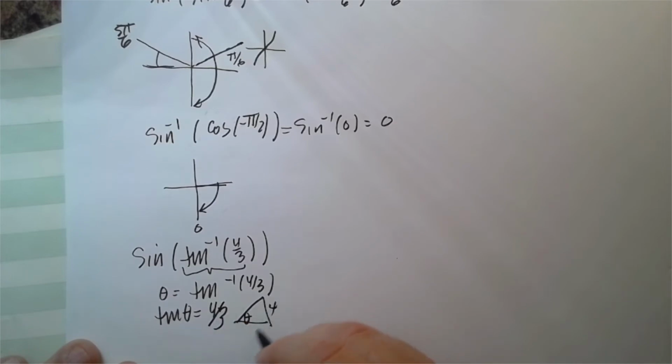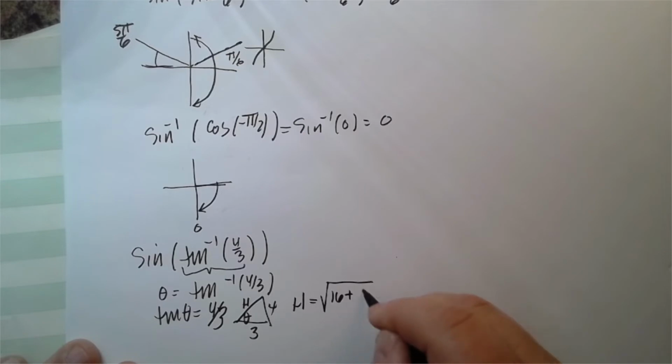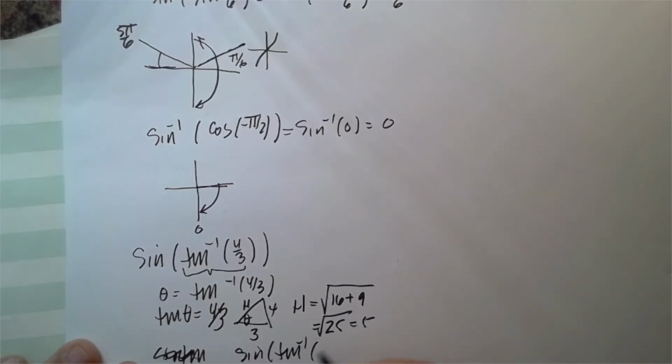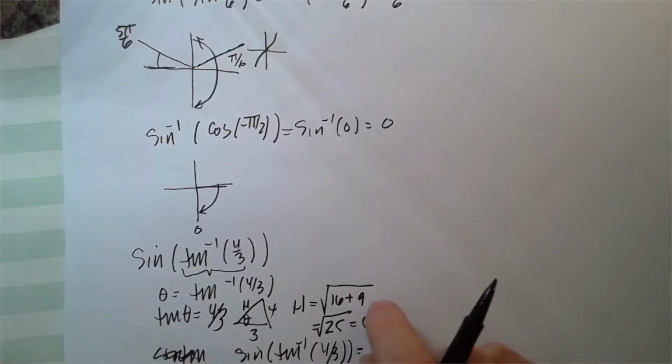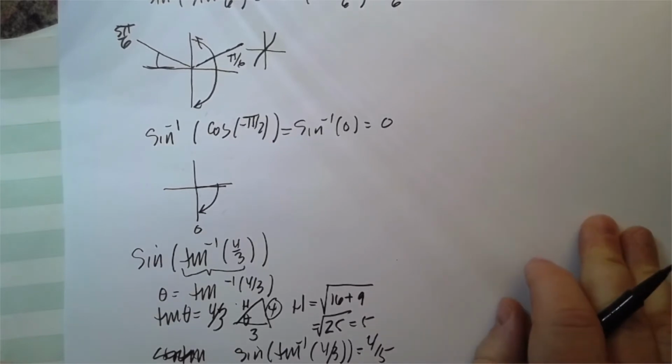This is opposite over adjacent, so this would make the other side, let's call it h because I'm running out of space here, square root of 16 plus 9, 4 squared plus 3 squared, which is 25, which is 5. So in other words, the sine of the tangent inverse of 4/3 is equal to opposite over hypotenuse, which would be 4/5.